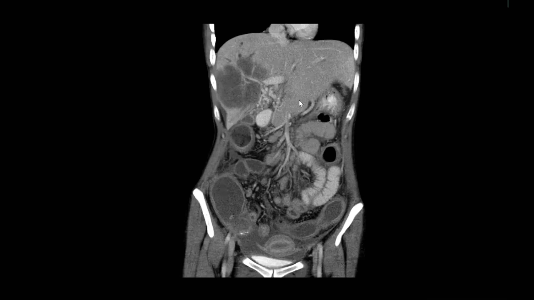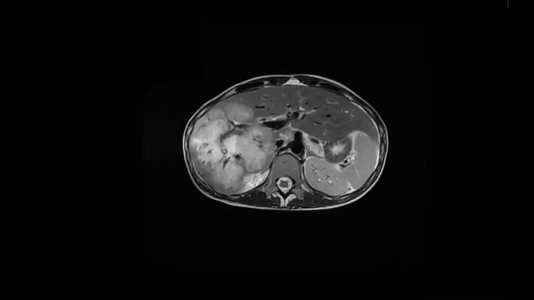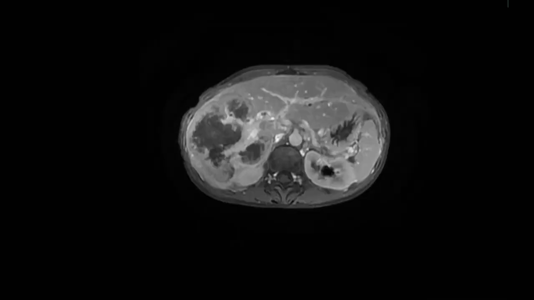So we already have either primary cholangiocarcinoma or metastatic colon cancer or pyogenic abscess. What will you do? Sir, I'll do MR of the liver. This is MRI.